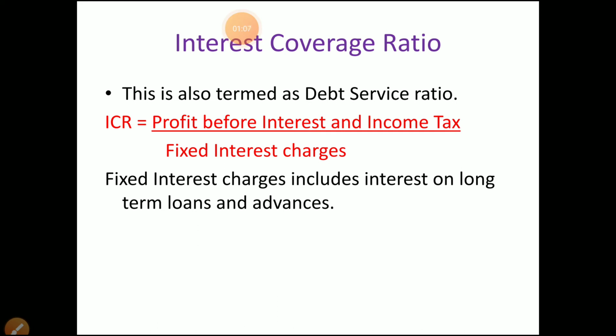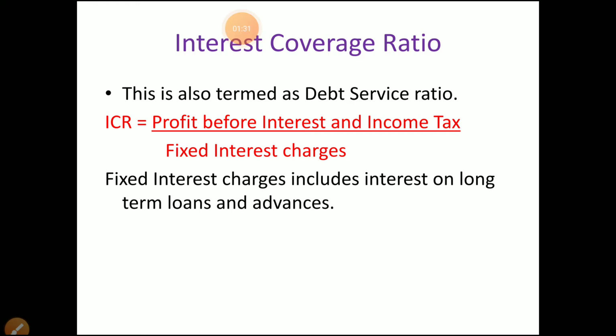Interest coverage ratio. So interest coverage ratio is coming under solvency ratio. It represents the firm's ability to pay back its debts, how much the business is able to pay the interest payments or the principal amount in time. So that is known as what? Solvency of business.